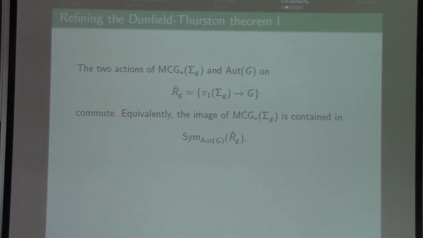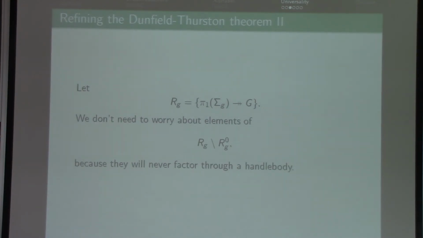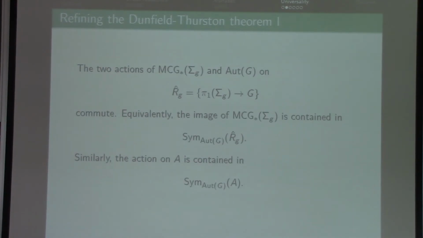That's equivalent to saying that the image of the mapping class group inside the symmetric group on that set is constrained to lie inside the set of bijections that commute with the Aut G action. That's the definition. Similarly with our A, you look at the image inside the symmetric group on A, and you land inside there. So that's one constraint on what can happen when we try to lift equivariantly.